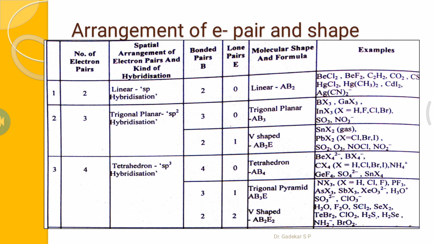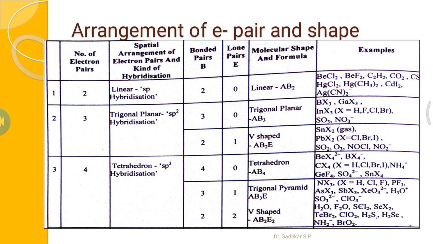Okay. Second example, 3 electron pairs, 2 situations. 3 bond pairs give trigonal planar geometry or shape. If 2 bond pairs and 1 lone pair, V shape.